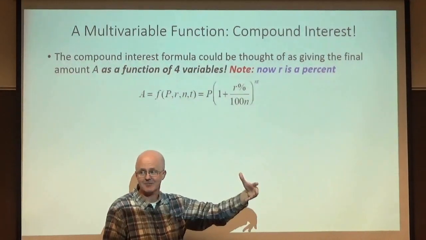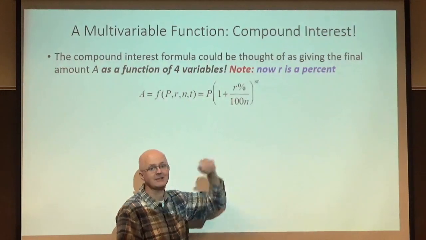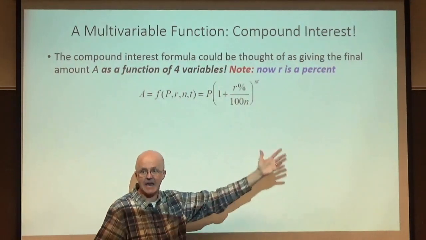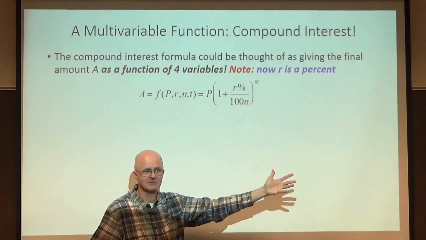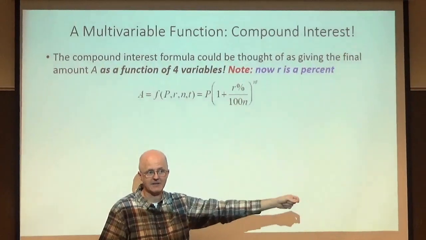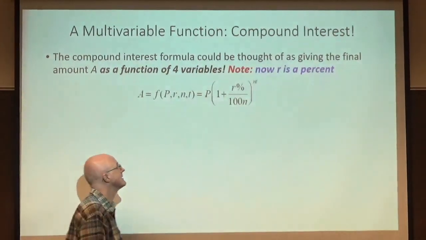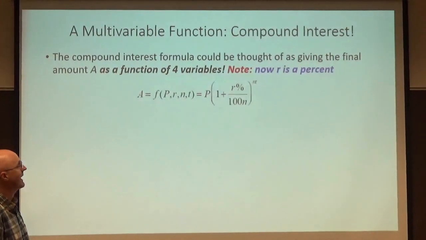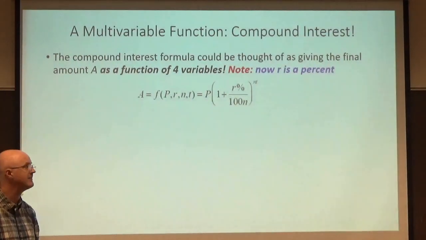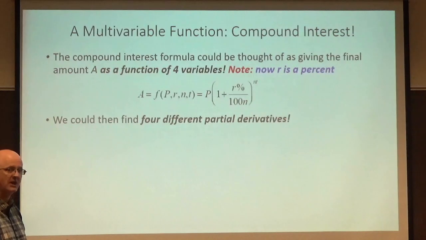If R is 8%, you plug an 8 in here, not a 0.08. The dividing by 100 takes care of the conversion to a decimal. If R is 8, 8 divided by 100 is 0.08, 8 hundredths. Why did I do that? I did it so that it's easier to interpret the derivative. That's a rate of change.